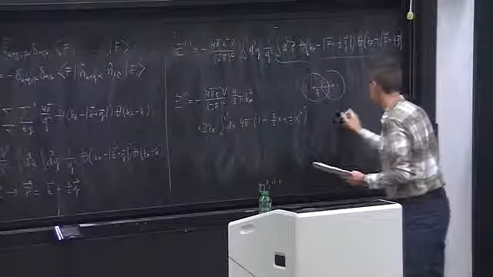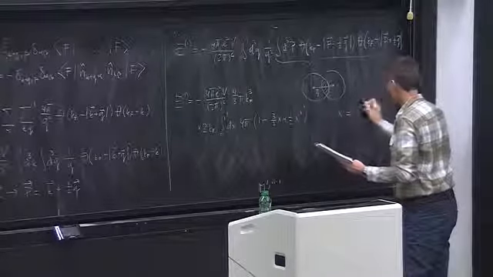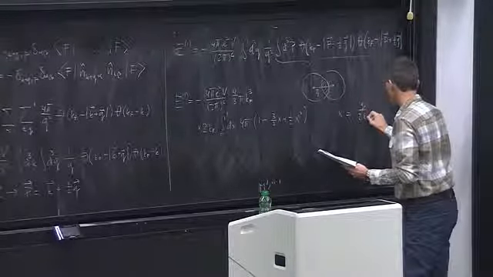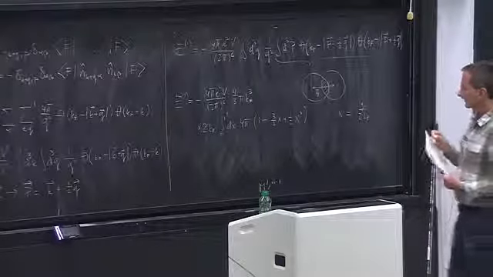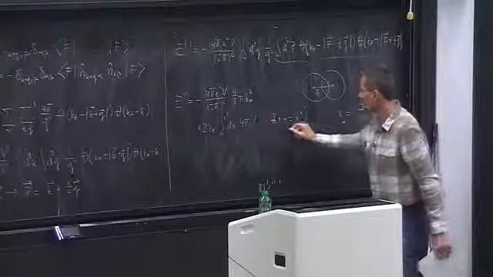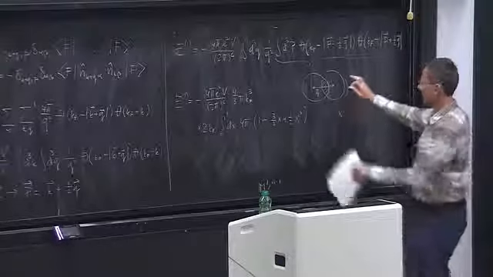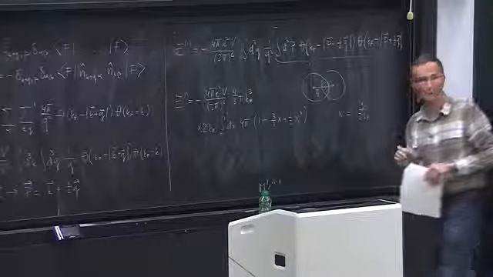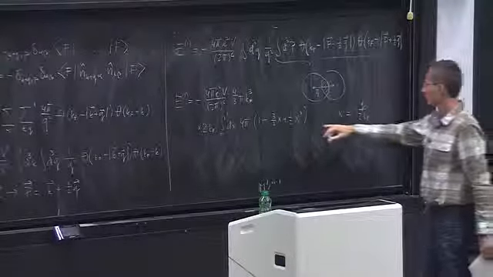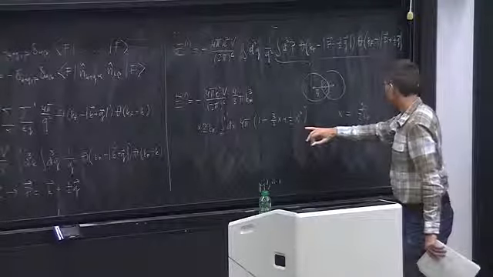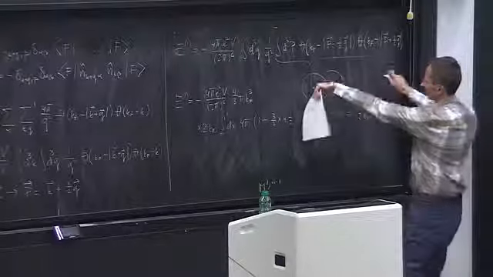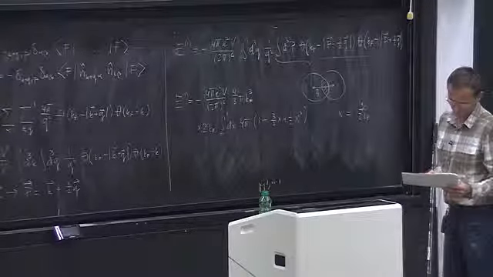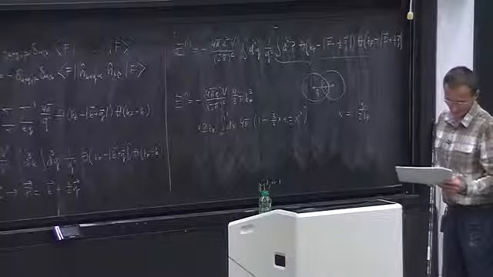And I have defined a new variable here that is x equals q over 2kf. So basically, this is the volume of this overlap region. And you can see that it goes to 0 when x goes to 1, meaning when these spheres just touch, it goes to 0. So that's fine.